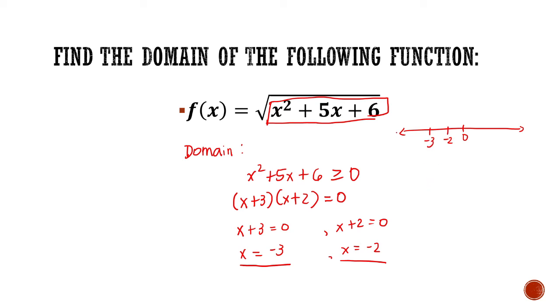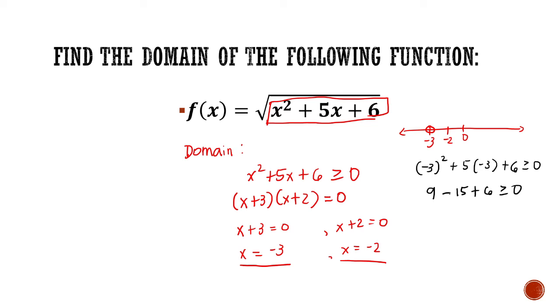Now, if we are going to substitute negative 3 in the inequality, let's see if it will satisfy the inequality. So negative 3 squared is positive 9. Now 5 times negative 3 is negative 15 plus 6 greater than or equal to 0.